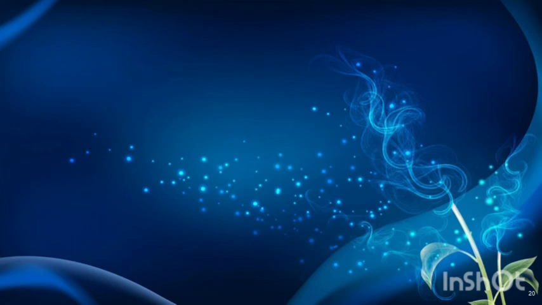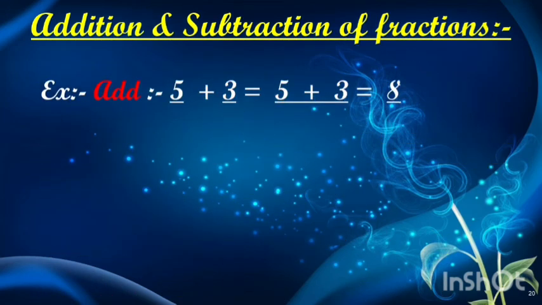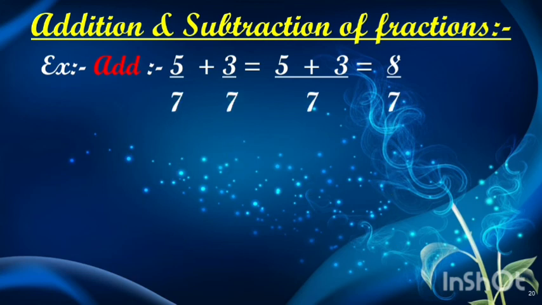Let's understand this with an example. Here we are adding 5 upon 7 plus 3 upon 7. Since the denominator 7 is common, we will take it as the common denominator and add the numerators. So, 5 plus 3 equals 8 upon 7.